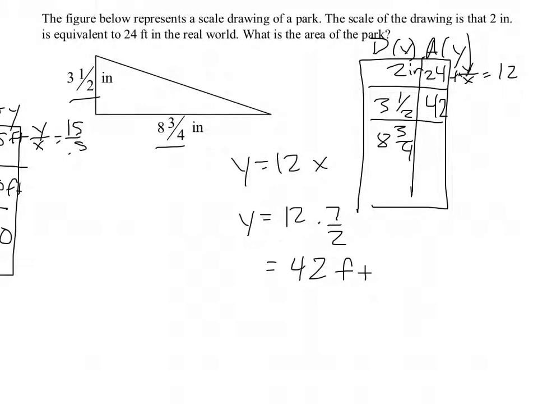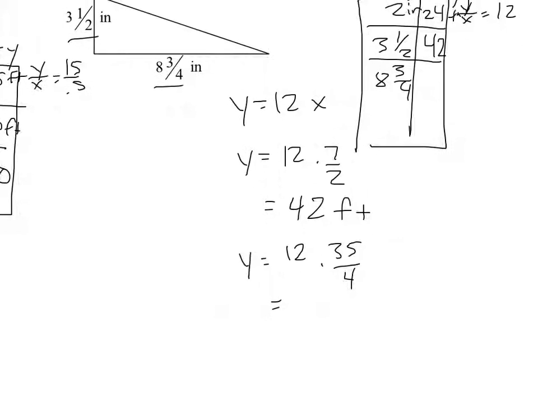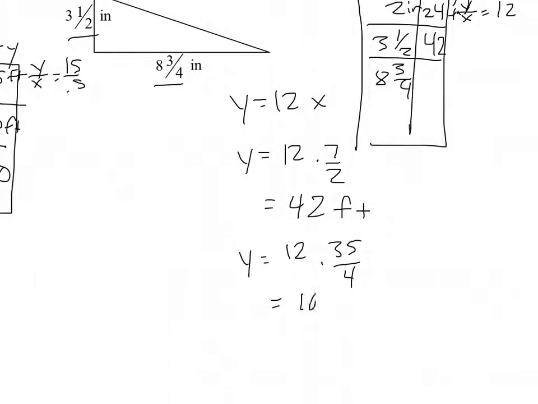And the second value is 8 3/4, so it's going to be 35 over 4. y is equal to 12 times 35 over 4. And that should give me 105 feet.